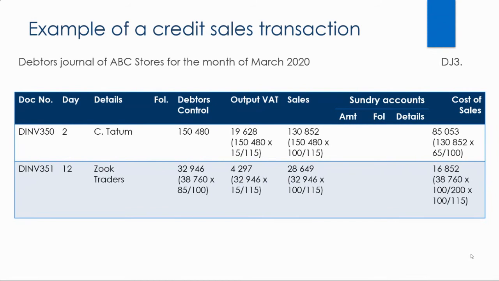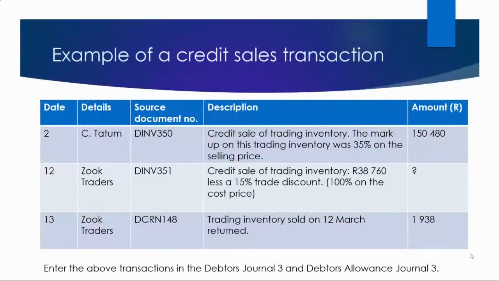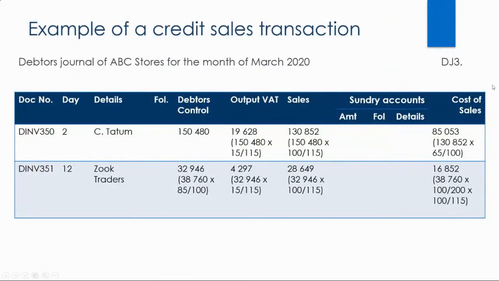Okay, now we said the cost of sales. So let me just go back to the transaction. The first transaction, we said the markup on trading inventory was 35% on the selling price. Okay, so there wasn't any trade discount. So you'll see I said the cost price is 65. How I got that is I took the 100, which is the sales value, I less the 35% to get to 65.